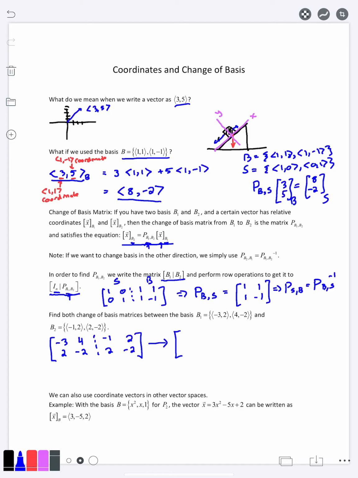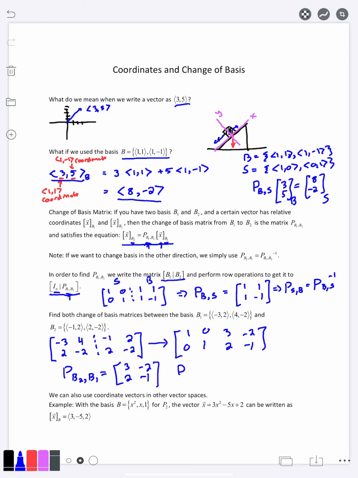Then I'll do my row reduction. And what I'm going to get here is 1, 0, 0, 1, 3, 2, -2, -1. And so that means the change of basis matrix from B2 to B1 is (3, -2), (2, -1).